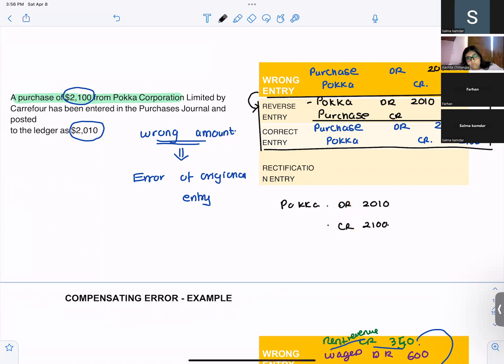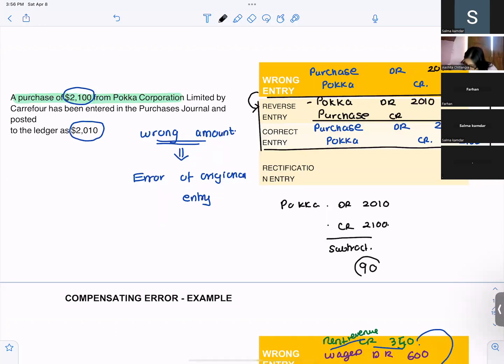So when there are opposite signs, you will subtract. If the signs are the same, then you will add the amount. But the signs are opposite, so you will subtract. So it will be 2,100 minus 2010. So the amount that you're getting is 90.